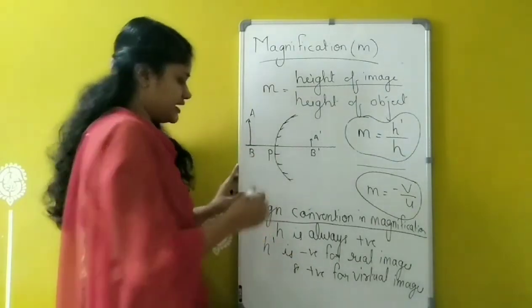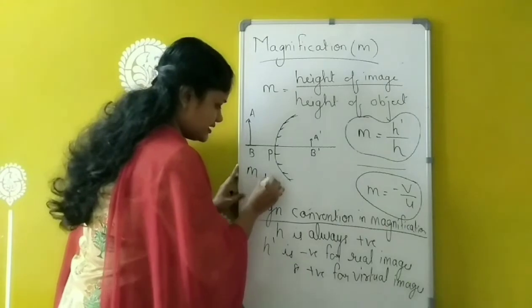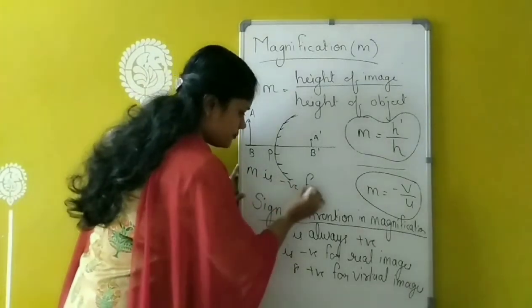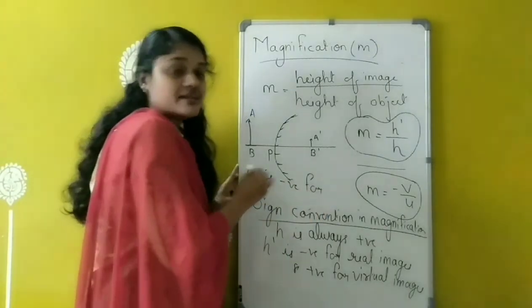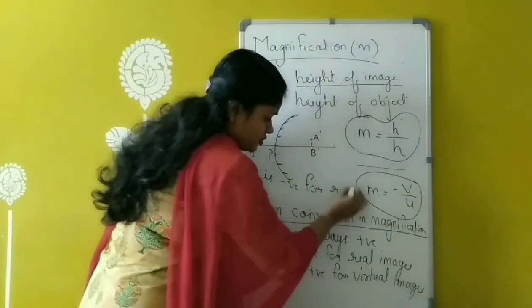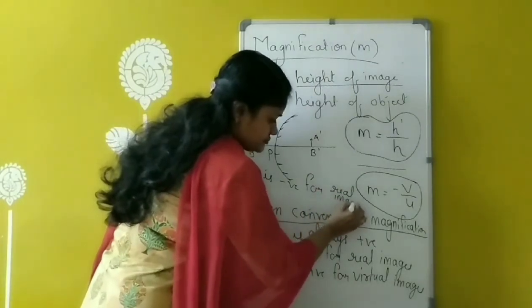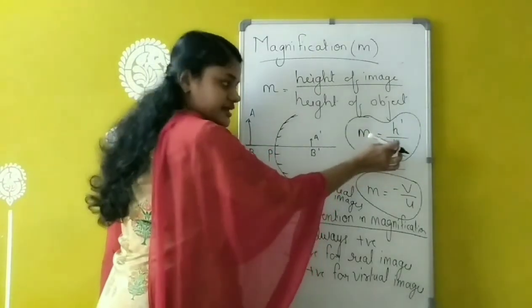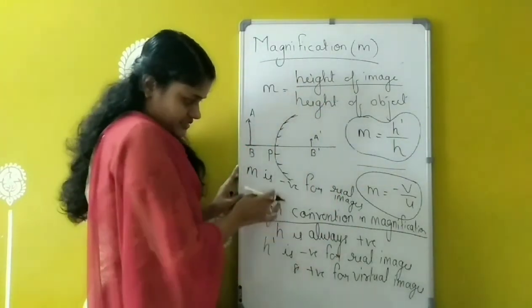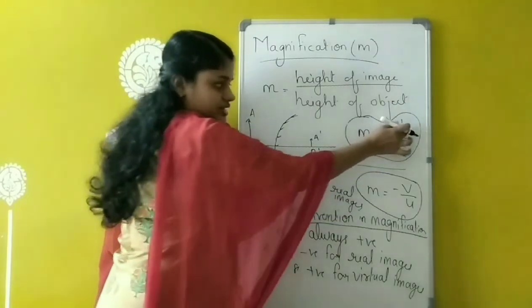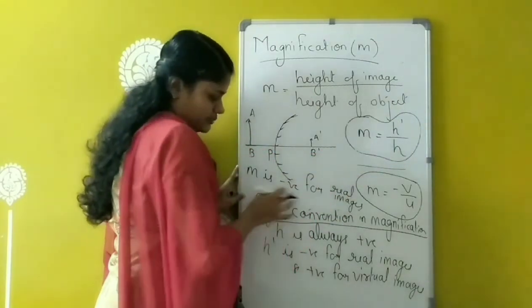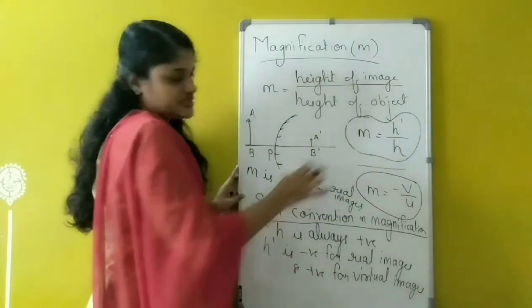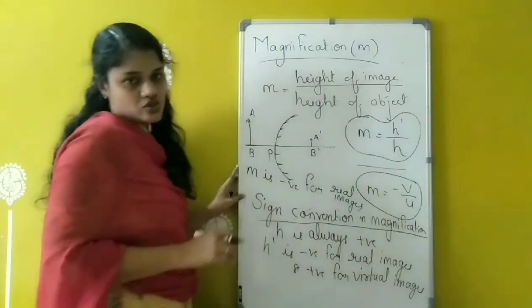So we can say that magnification is negative for real images. The reason is we have the formula m equals h dash by h. h is always positive, but if it is a real image, h dash is negative. So m must be negative. Since h dash is negative, m is also negative.